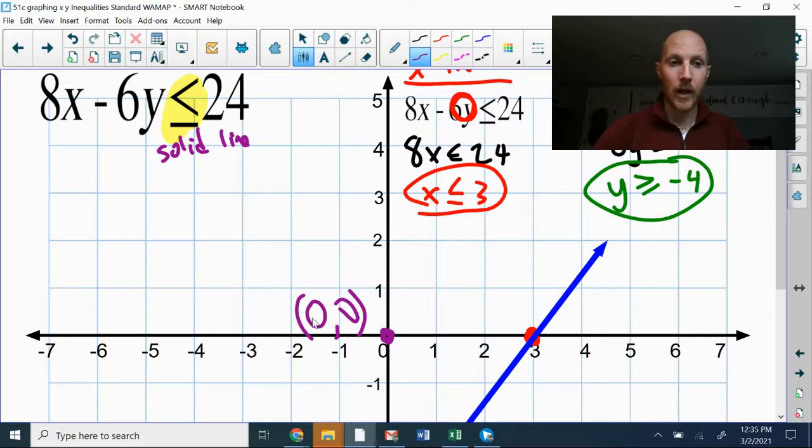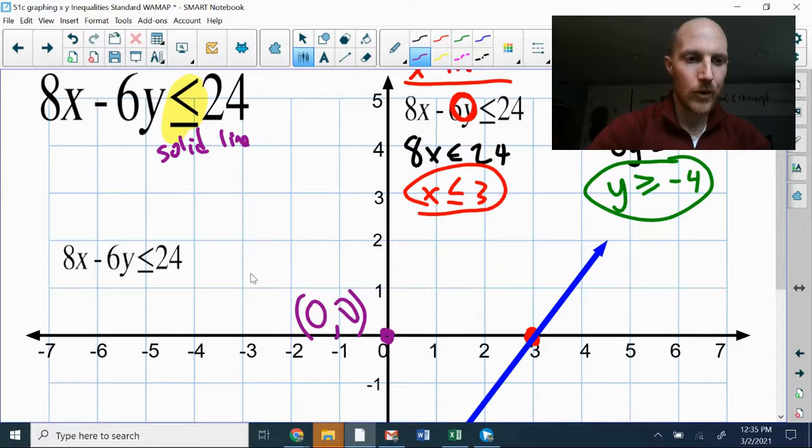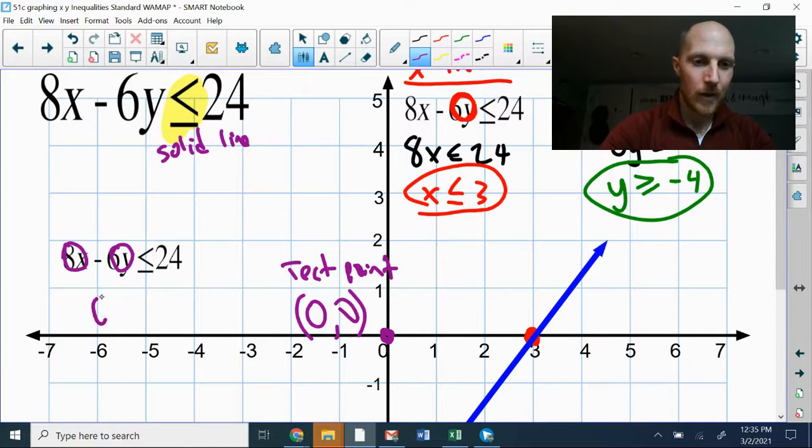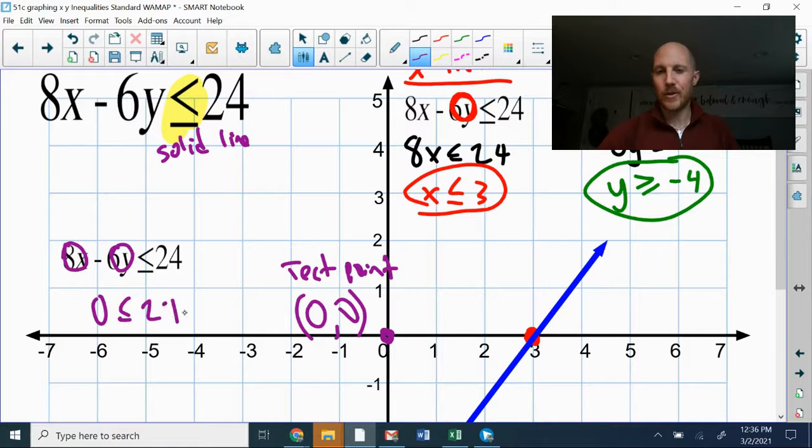Okay, so let's find out what happens. I'm going to take another copy of this equation, and this time I will change the x into a 0 and the y into a 0 because that is the test point I chose. And so when I subtract 0 minus 0, I get 0. And I get to ask myself, is this true or not? Is 0 less than or equal to 24?